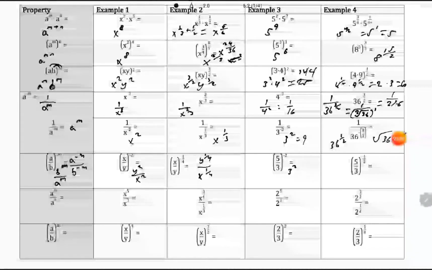This is 3 squared over 5 squared, which is 9 over 25. This is the square root of 3 over the square root of 5. We don't like having square root of 5 in the denominator.